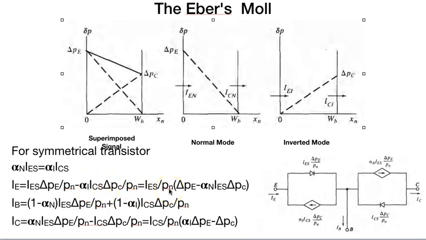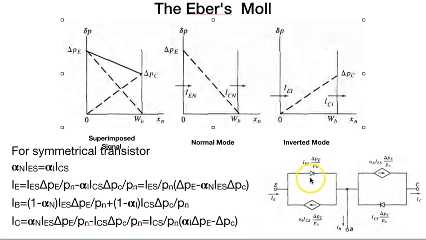If you take the common terms out, you can say that IES over Pn is del PE minus alpha N IES del PC. Similarly for the base current and the collector current.